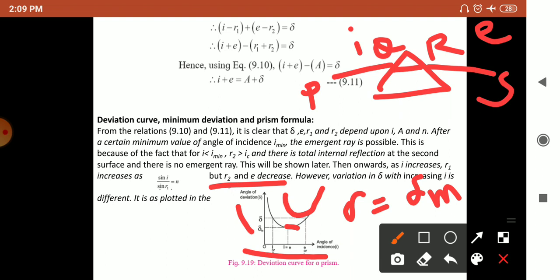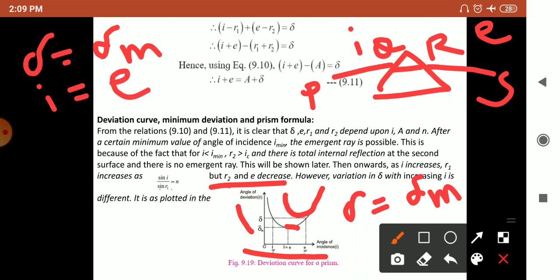So at delta equal to delta m, we can say angle of incidence is equal to angle of emergence. So now in this case R1 is equal to R2.